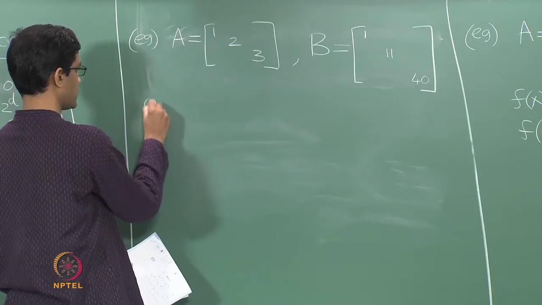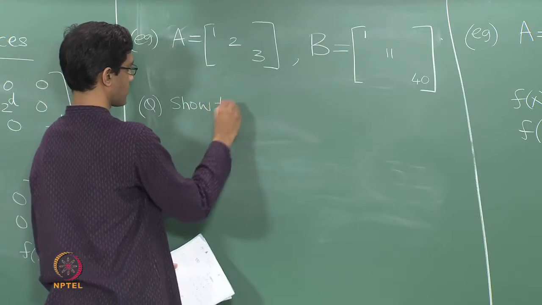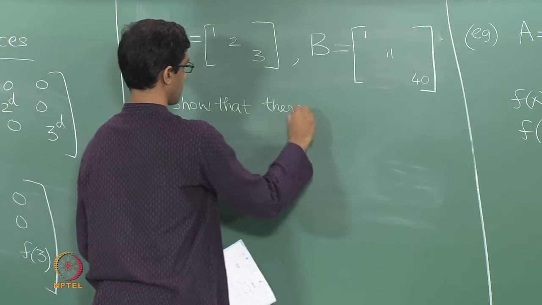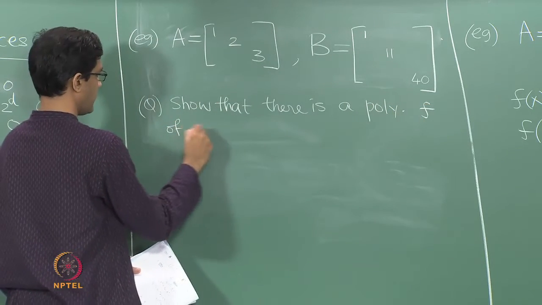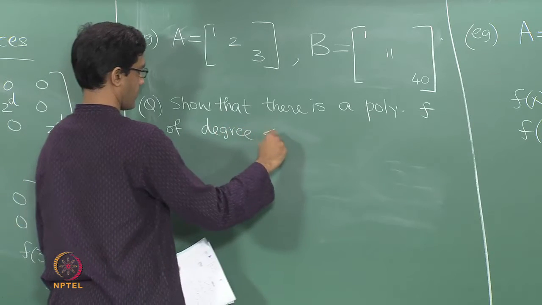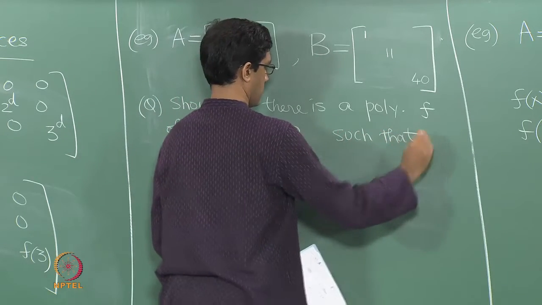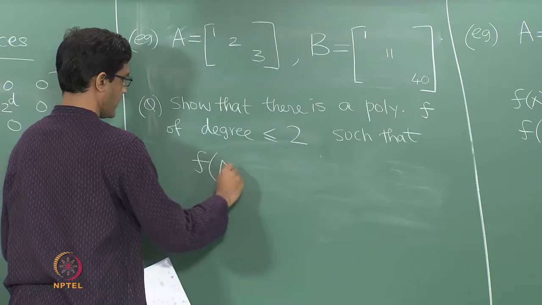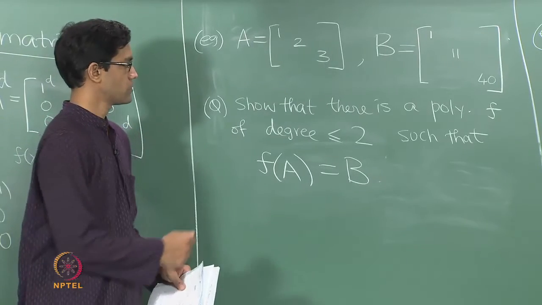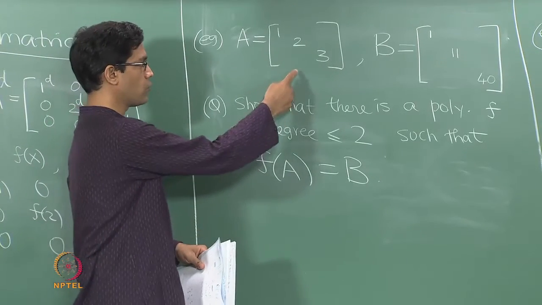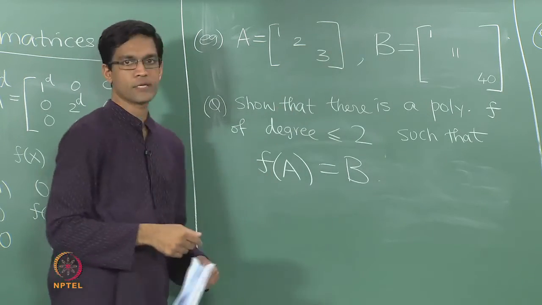Now here's the problem or question, show that there is a polynomial f of degree at most 2 such that when you apply f to the matrix A, it produces the matrix B. Okay, so here's the problem, show that by applying a polynomial of degree 2, you can make this diagonal matrix 1, 2, 3 into the matrix B that's on the right hand side.